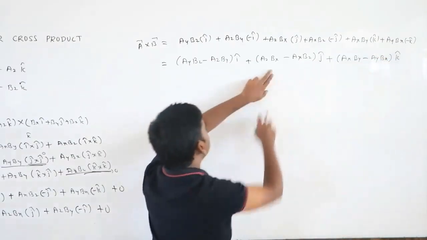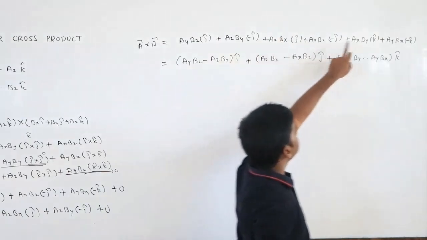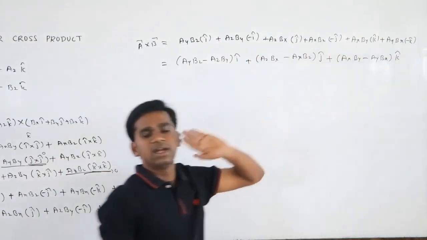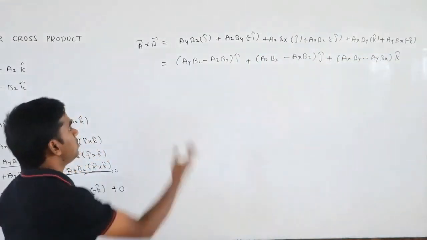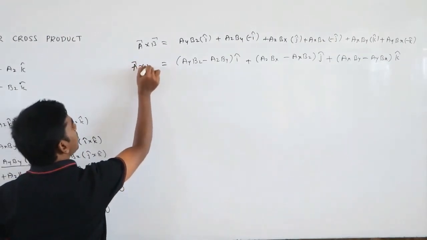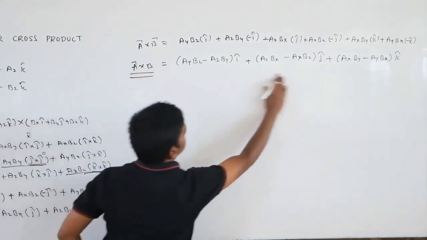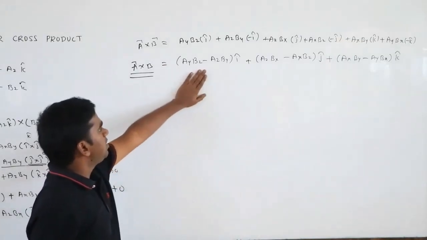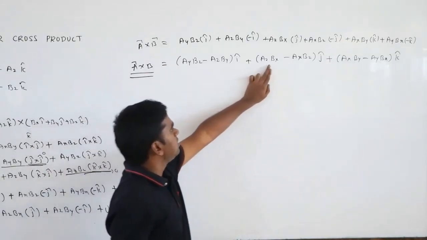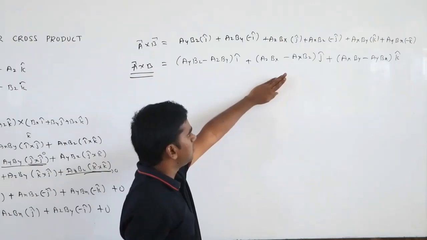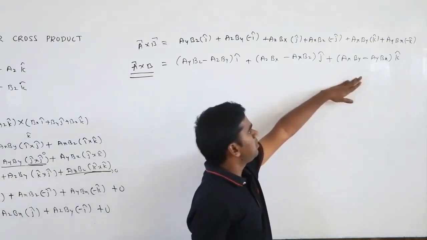Why negative signs are coming here? Because minus sign, minus j, minus k there. I am taking just i j k outside. So this is what going to be your A cross B: ay bz minus az by i cap, az bx minus ax bz j cap, ax by minus ay bx k cap.